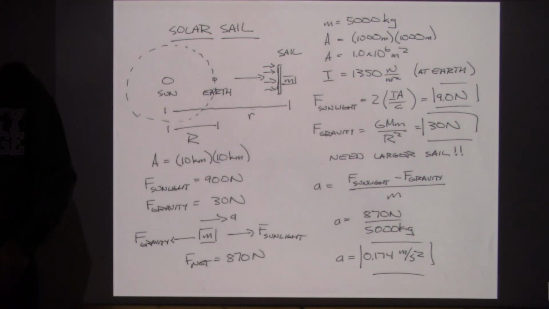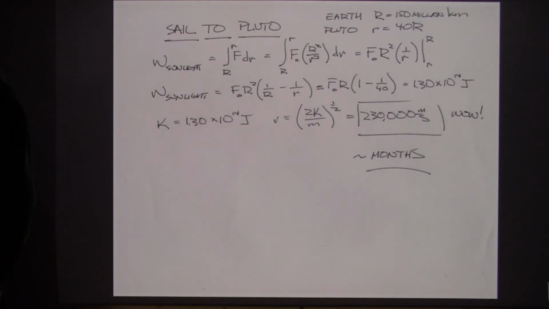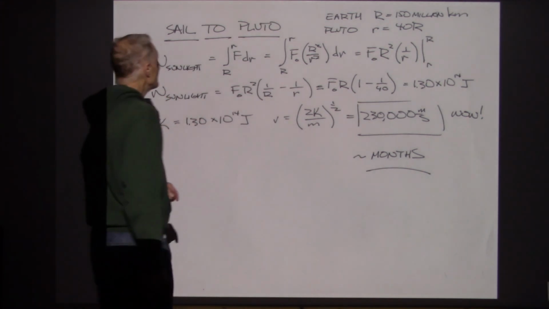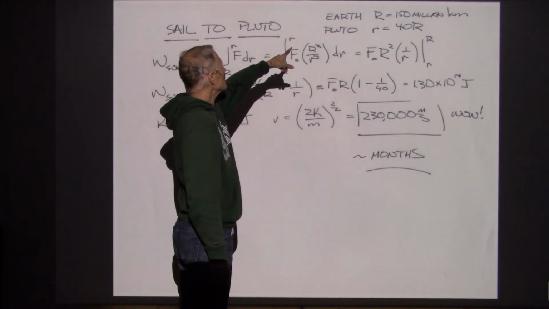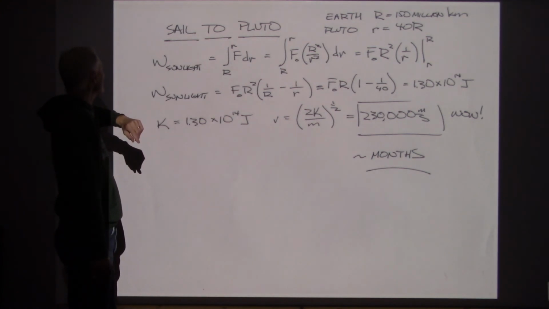Now, what I did, and you guys don't have to worry about this, but what I did was I thought, what if we went out to Pluto? What if we sailed to Pluto in this completely impractical spacecraft with a sail that's 10 kilometers by 10 kilometers. Pluto is like 40 Earth orbital distances, so I have to go 40 times as far away from the sun.